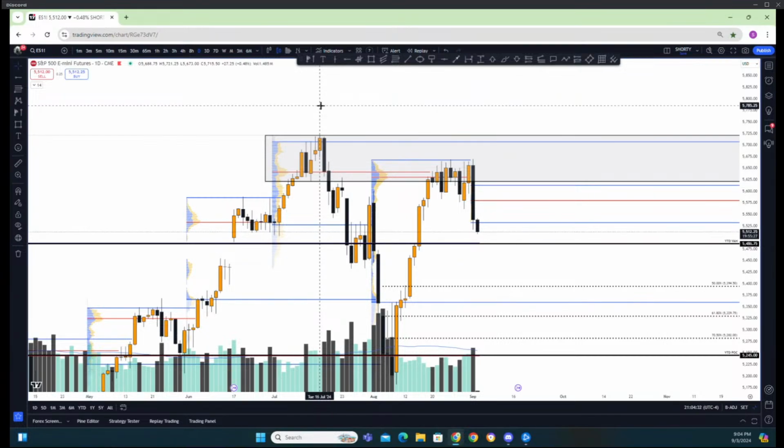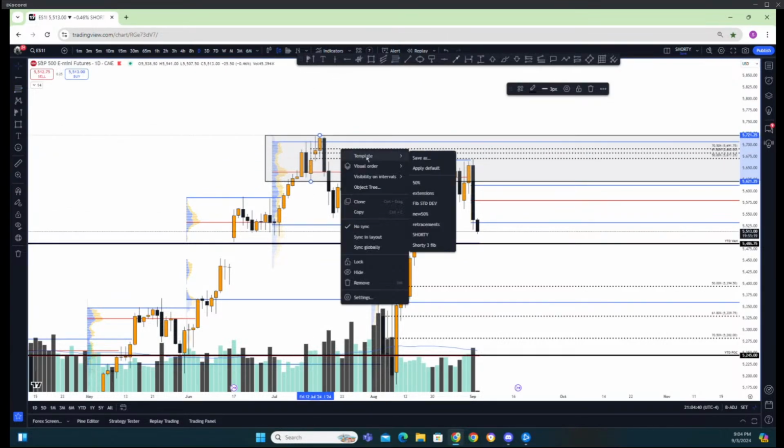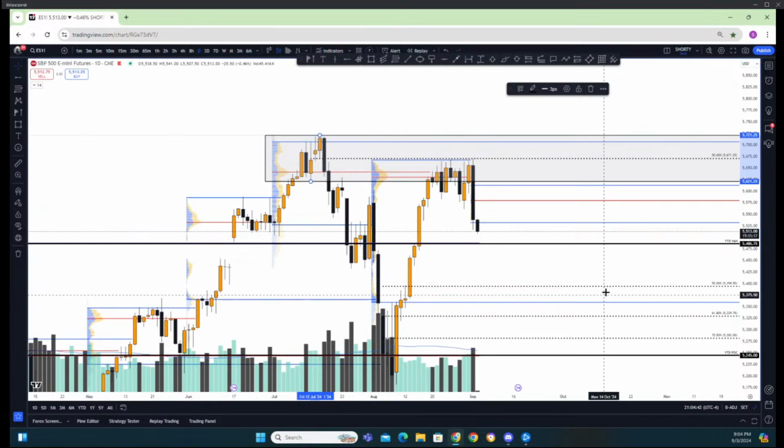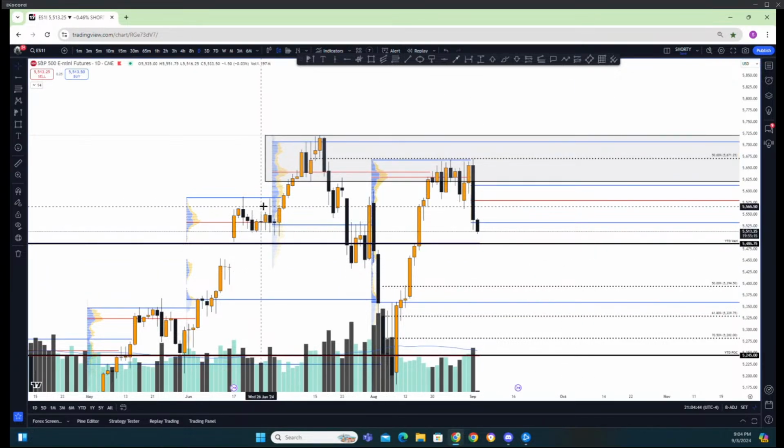Well, 50% discount is the base, right? I would say they go for the 50%. So let's say we grab the 50% here, and we change this to the 50%. Where did we reject? 50%. We rejected at the 50% of this consolidation.